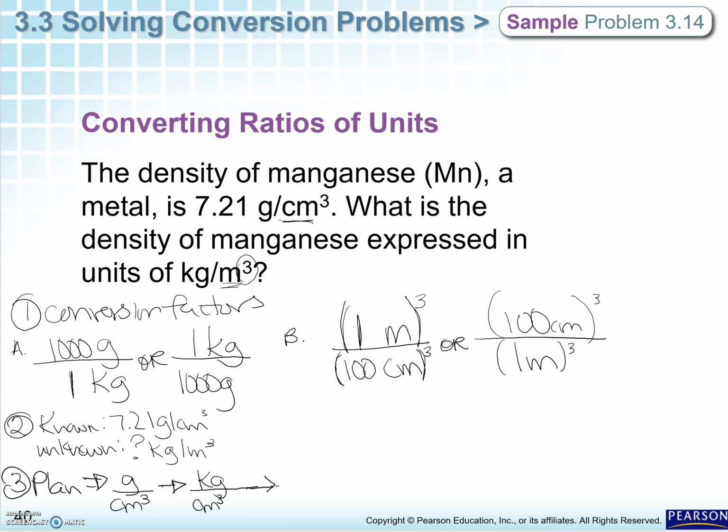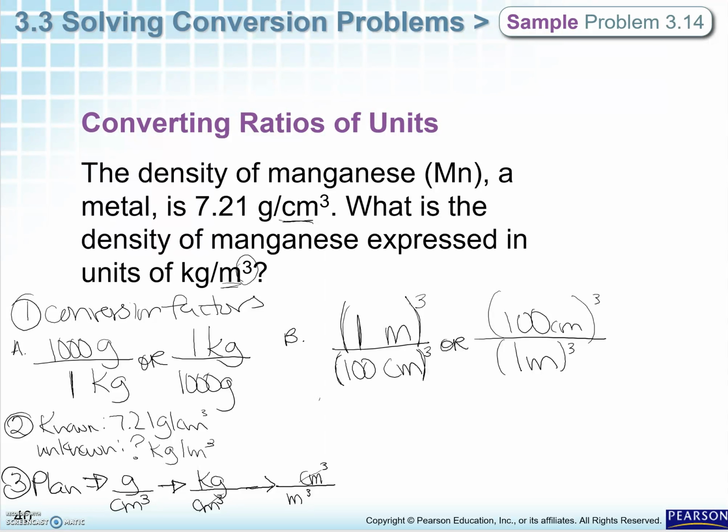So let's start with converting the top. You would go from grams per centimeters cubed to kilograms per centimeter cubed, and that's exactly what we need. Then we would go from centimeters cubed to meters cubed, so centimeters cubed on top and meters cubed on the bottom. Once you cross everything out, you would end up with kilograms on top and meters cubed on the bottom.